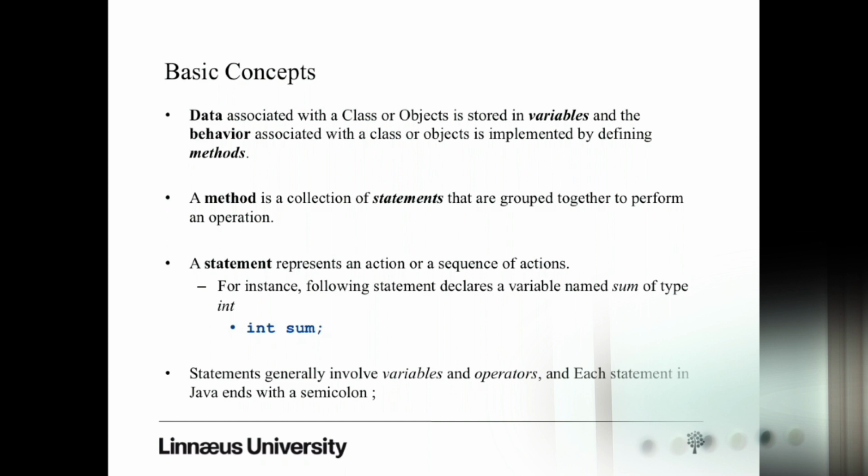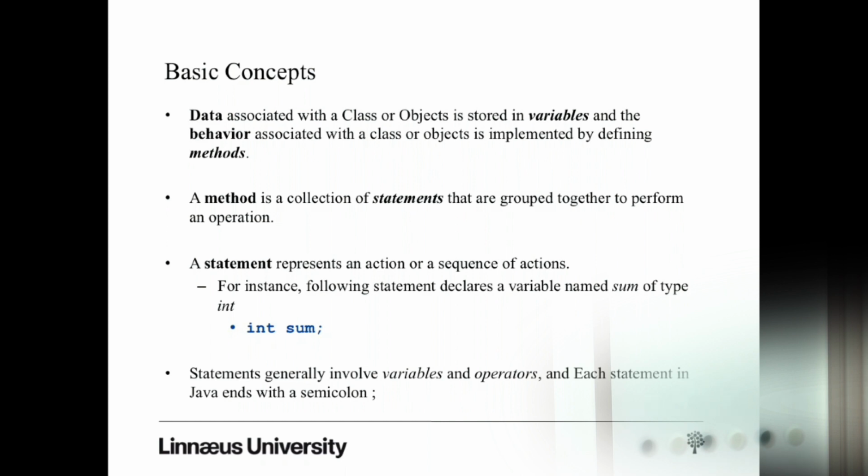But other than that, he walks as a human being, he can run, he can speak, he can look. And then there are some attributes that distinguish one object from another. For example, every teacher might have a unique identification number, like a personal number, and a name.